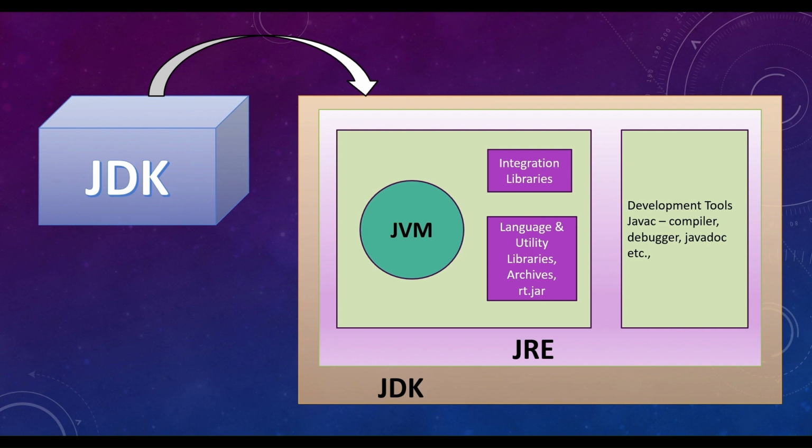You can execute a Java program developed in any environment. If you take a Java application developed on a Mac machine or a Linux machine, you can execute it anywhere. JVM is responsible for executing that anywhere. This is all about JVM.